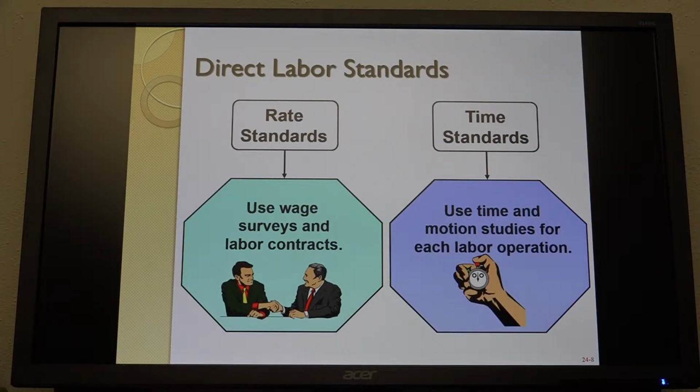For direct labor standards, you're going to determine the rate standards by using wage surveys, labor contracts, and things like that. And for time standards, you're going to use things like time and motion studies for each labor operation, each component of the manufacturing of this product.